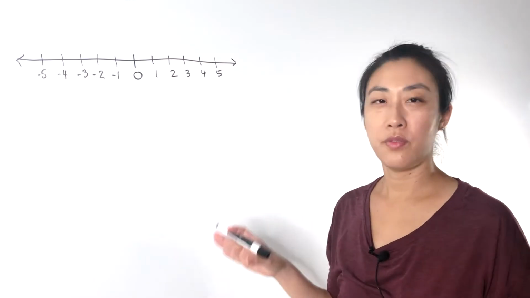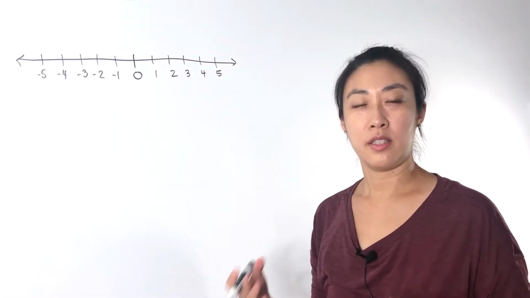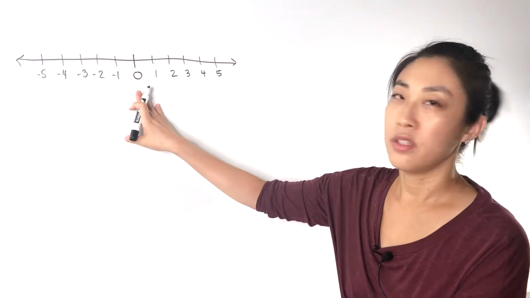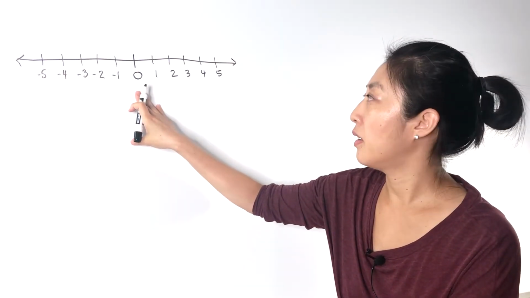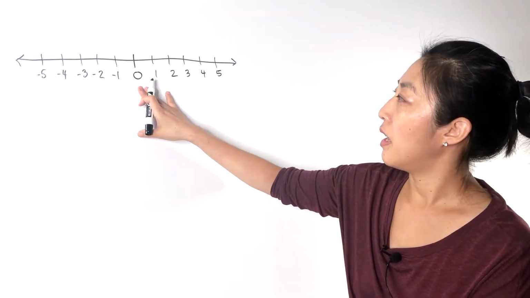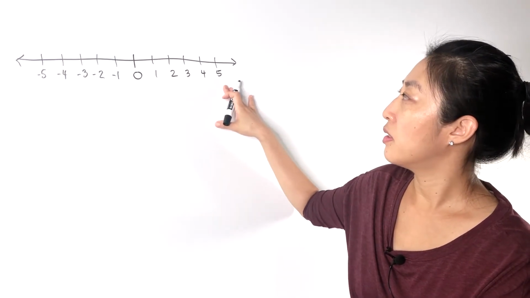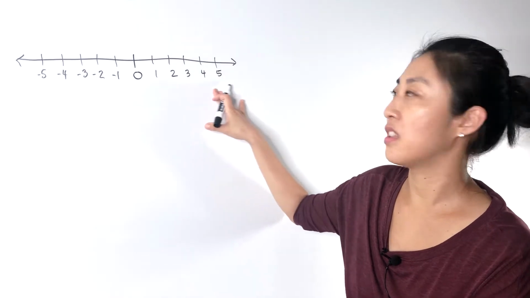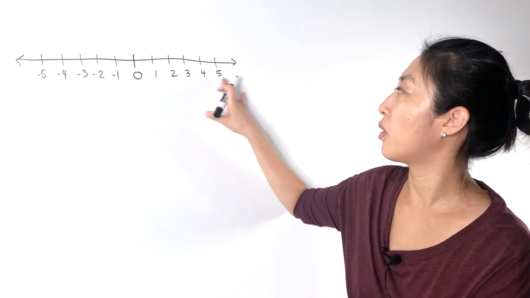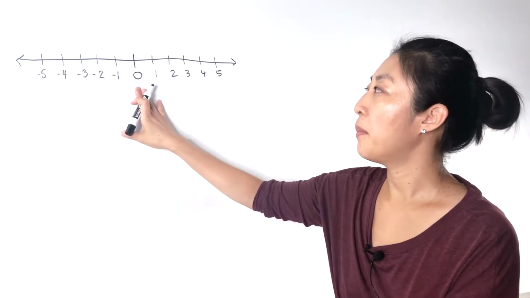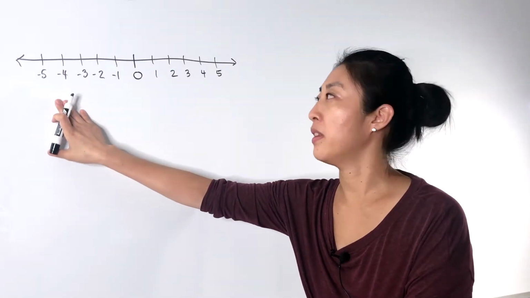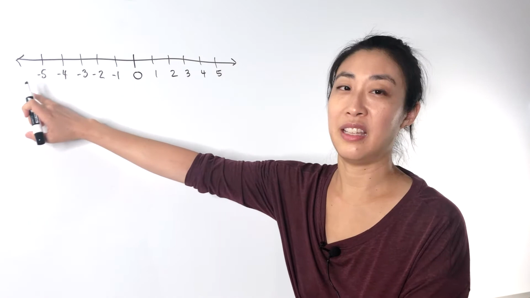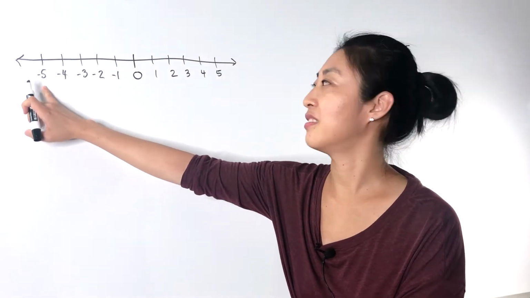Before I jump in talking about how to add and subtract negative numbers, I want you to take a note of the number line. As the numbers to the right get bigger, the value gets larger. 1, 2, 3, 4, 5. But as you go to the left of the number line, the numbers themselves get larger, right?